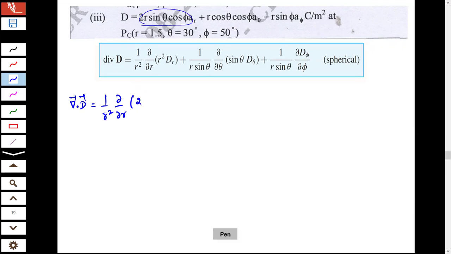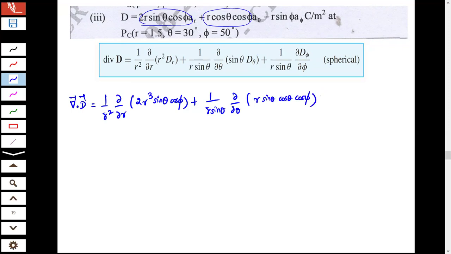So I will get 2 r cube sine theta cos phi, and second term is 1 by r sine theta dou by dou theta of sine theta multiplied with the theta component of D, that is r cos theta cos phi. So I'll write r sine theta cos phi, and this 1 by r sine theta dou by dou phi of this phi component, which is minus r sine phi. So we can do the differentiation of this.